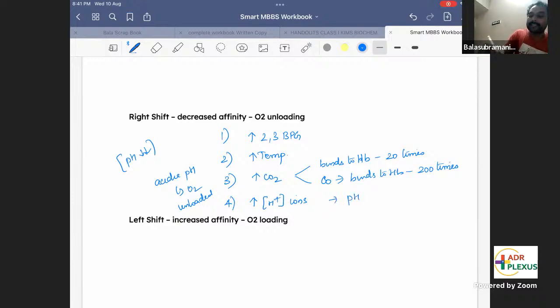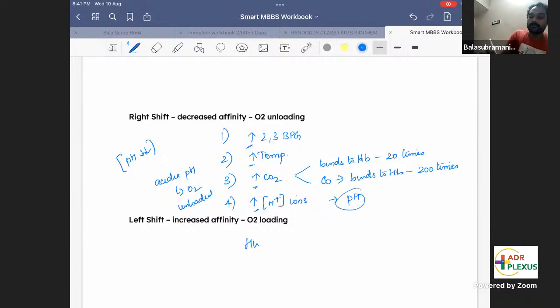Why am I writing like this? Because I want the increase symbol to always be like this, so you can remember that easily. Increase 2,3-BPG, increase temperature, increase carbon dioxide, increase hydrogen ions. All this decreases the affinity of hemoglobin to oxygen, and the oxygen will be unloaded into the tissues.